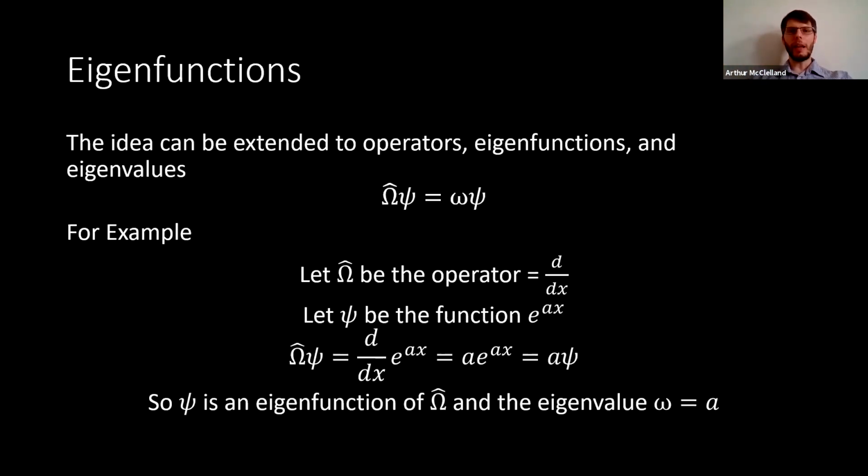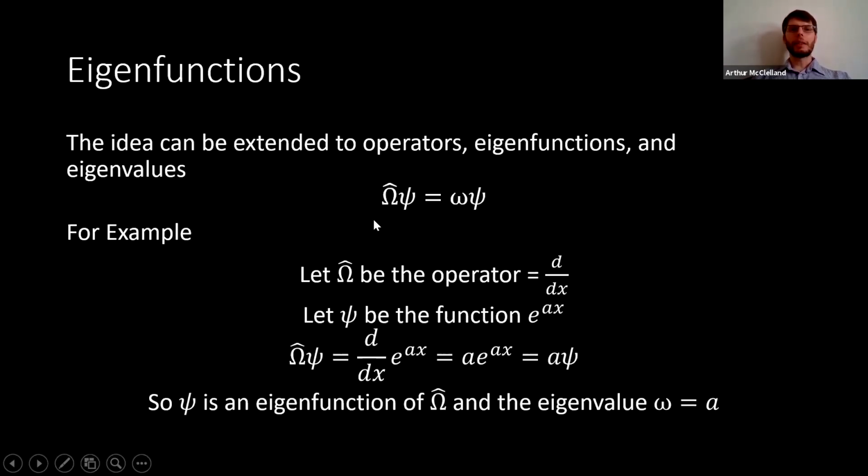So we have our variable x, we can have our function e to the ax, so the function manipulates the variable x in a certain way, and then the operator will manipulate the function. In this case, we have the operator, which is denoted by a little hat on top. So omega hat is the operator, and we can make it the first derivative. And we can make psi be a function e to the ax.